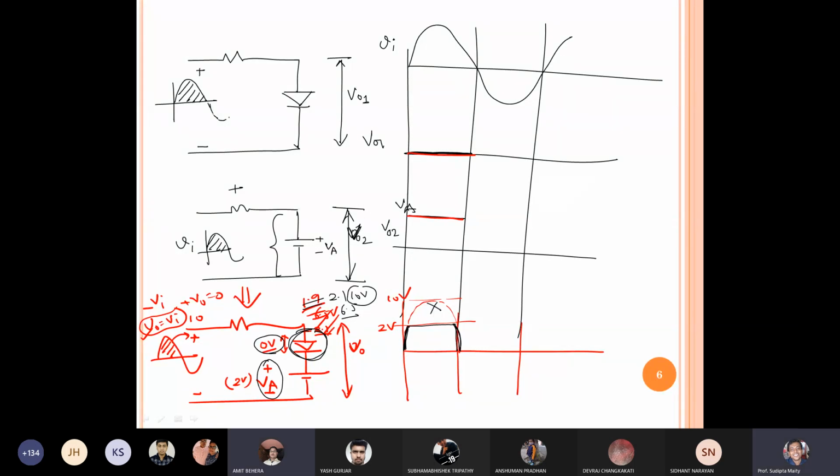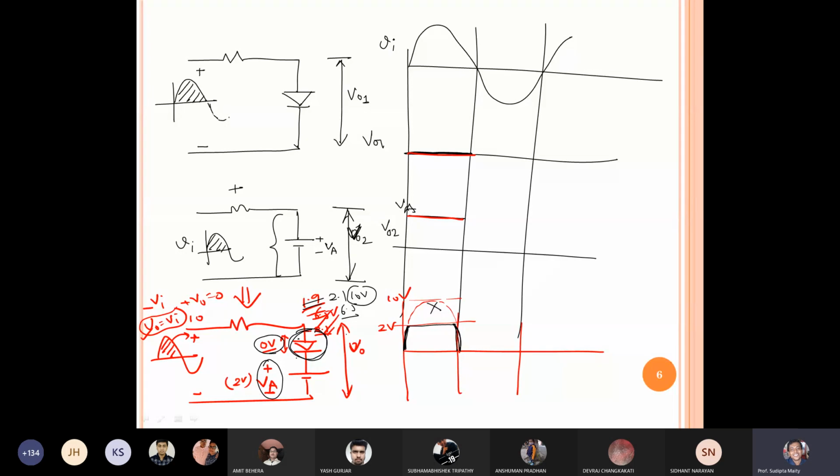In the input we give an AC voltage of 10 volt. As it is greater than 2 volt, the diode will be short circuited. If the diode is short circuited, the voltage across the diode will be 0 volt. Agree?